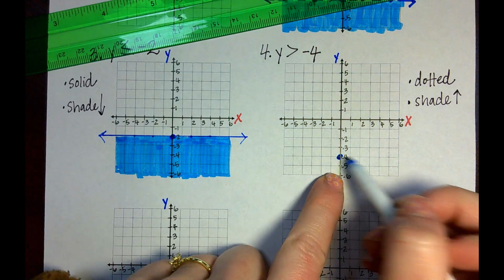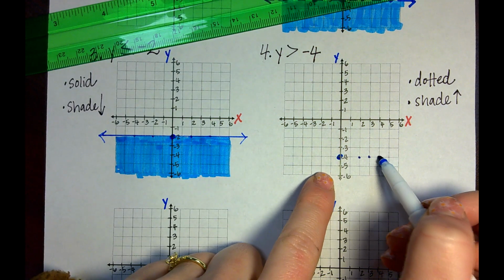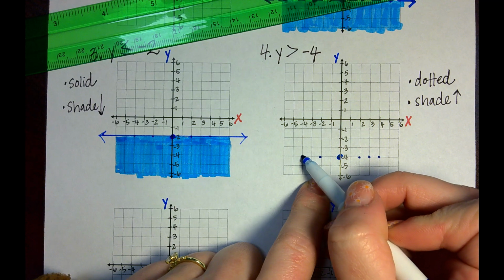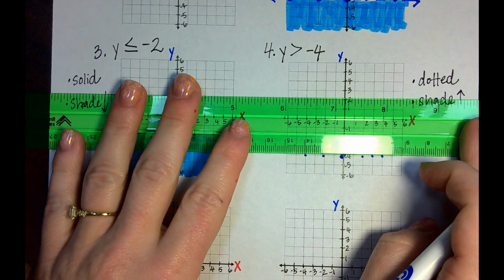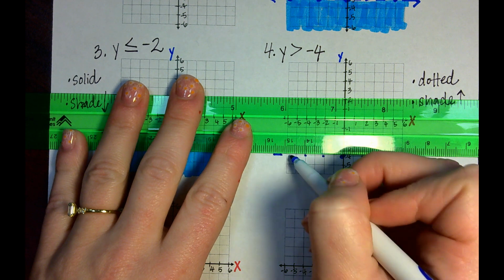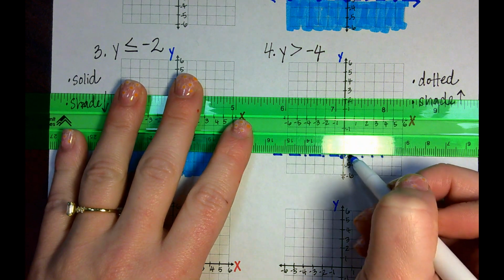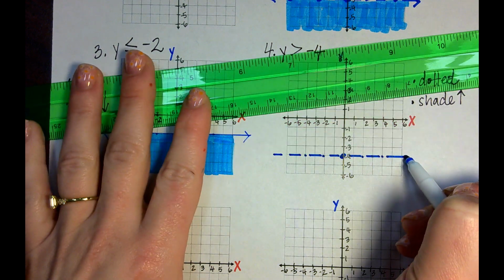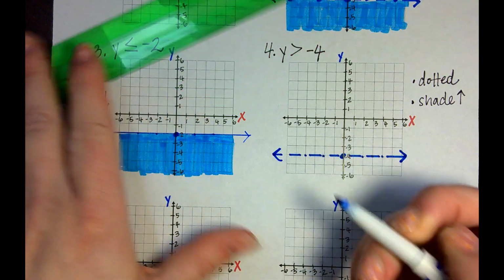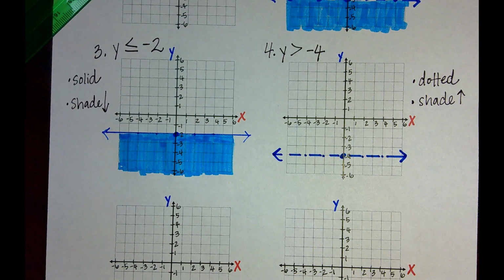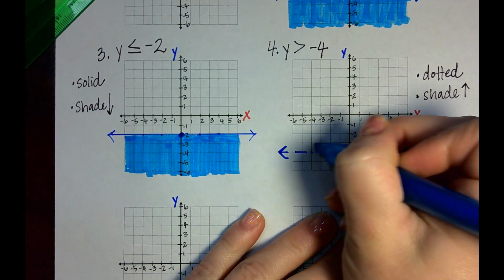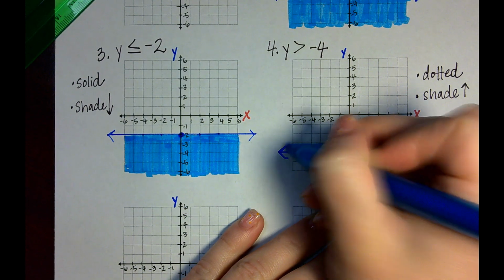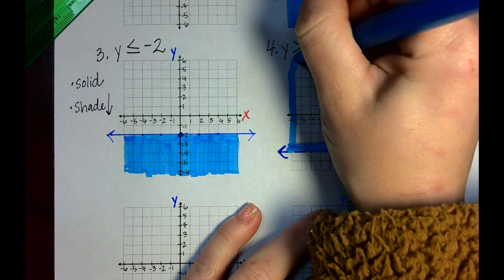Y is always -4. I can make some guiding points. And I'm just going to trace through with a dotted line. There we go. And we're shading up on this one, we decided, so this one I've got a lot to color in. Just going to go up from there.